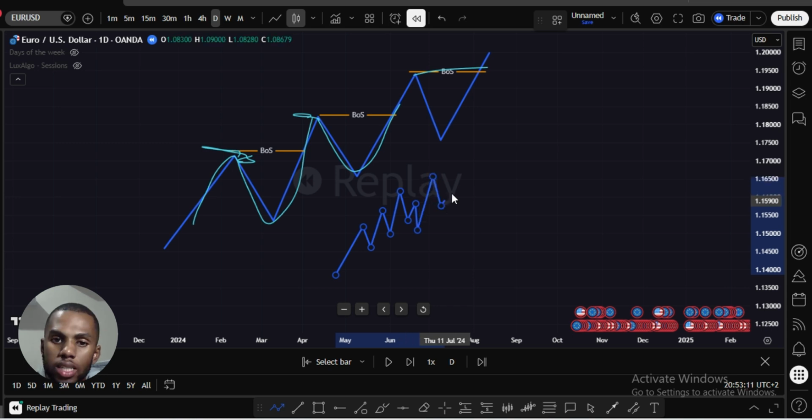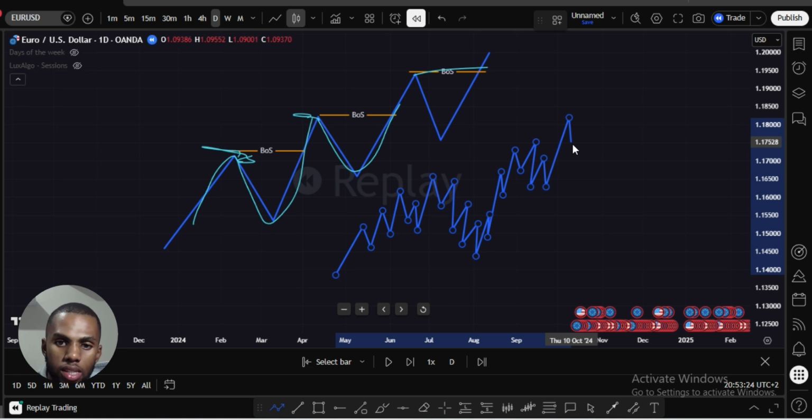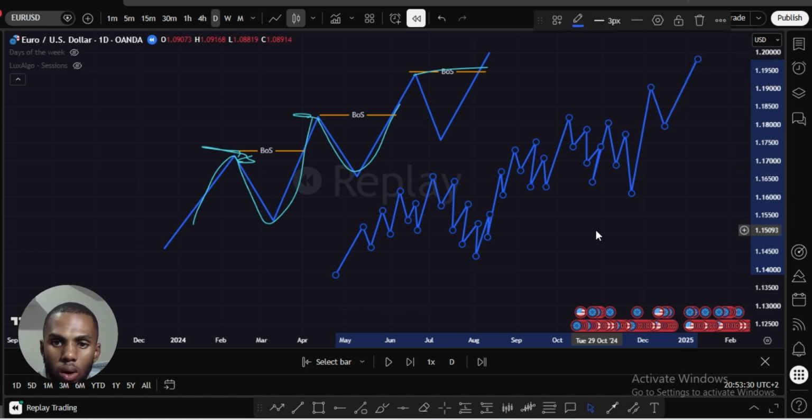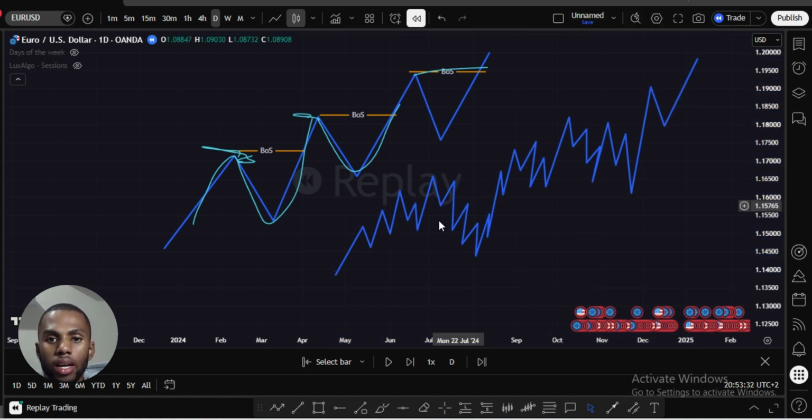So this is what you have, and then we finally have a pullback, and then we have this impulse that is going to confuse a lot of us. So this is what it will look like on the charts. So how can you identify a break of structure when it looks like this?